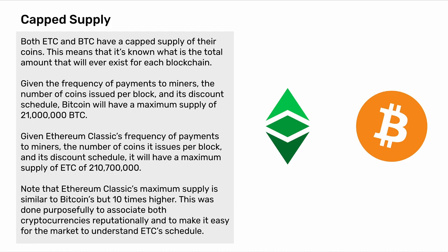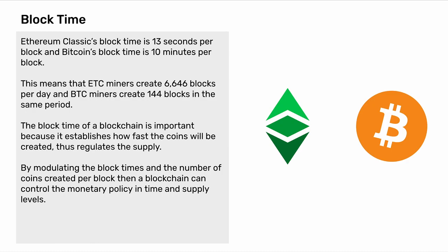Given Ethereum Classic's frequency of payments to miners, the number of coins it issues per block, and its discount schedule, it will have a maximum supply of 210,700,000 ETC. Note that Ethereum Classic's maximum supply is similar to Bitcoin's but 10 times higher. This was done purposefully to associate both cryptocurrencies reputationally and to make it easy for the market to understand ETC's schedule.